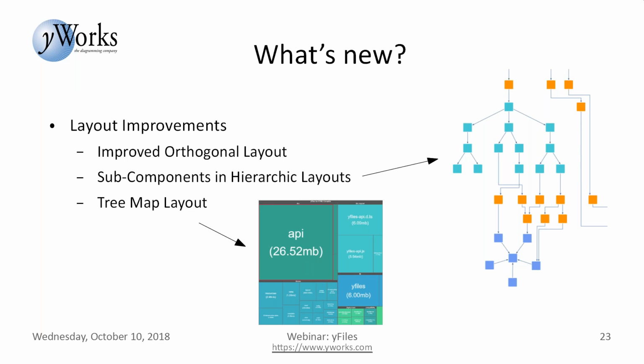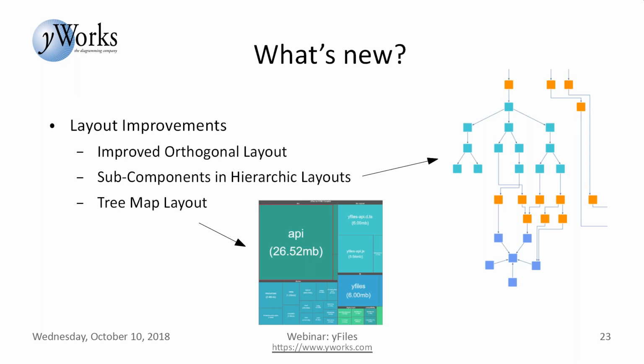This means that you can lay out components of a graph with different layout algorithms, but the overall layout of the graph is still hierarchic. So this is great if you have substructures in your graph that you want to visualize in a different kind. Maybe you want a top to bottom layout overall, but there's a single component which you want to display left to right. So now you can do that.